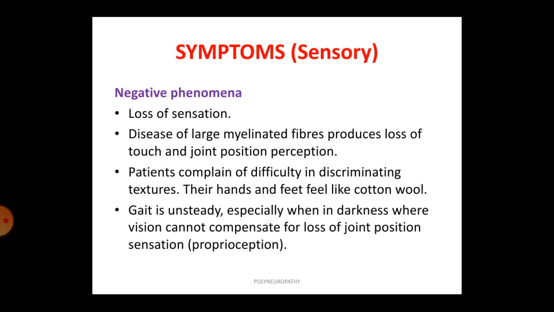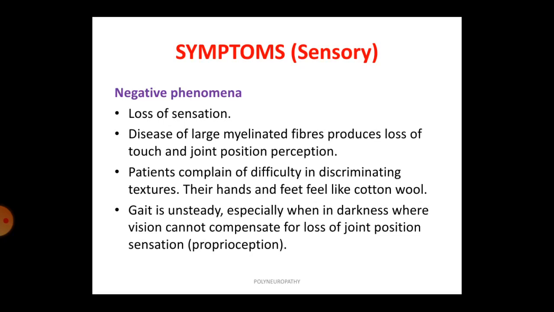Clear? Generally these people compensate with vision. Whenever they walk, they watch the floor because the proprioception is affected, so the visual system works as a compensatory mechanism. Without watching the floor, they will not have the confidence to walk, so they are continuously watching the floor.